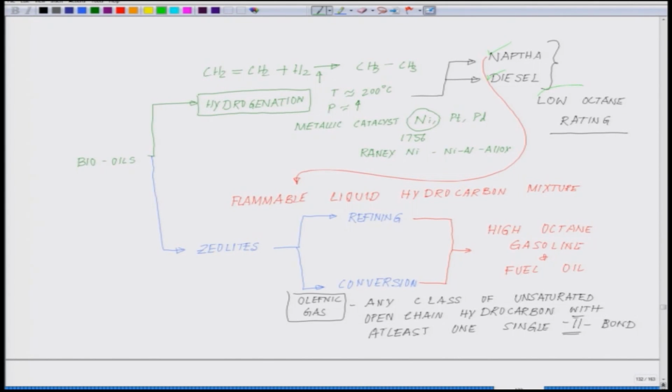So, this is a word which we have not discussed. What is octane number? Okay. Then we talked about high octane gasoline and fuel oils. What are these and how can we understand it, and we have talked about the olefinic gases, okay, and we have already talked about the hydrogenation.